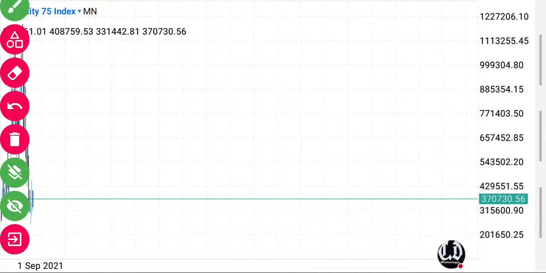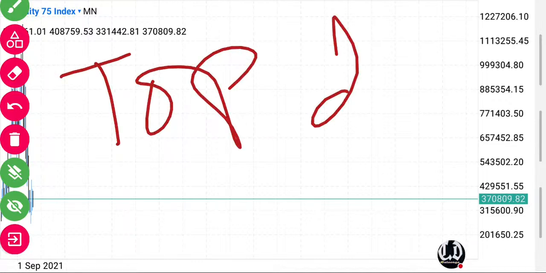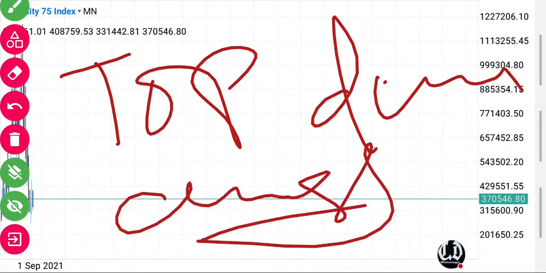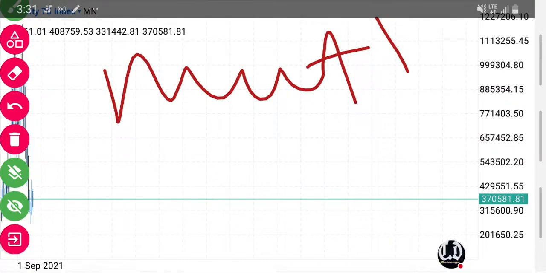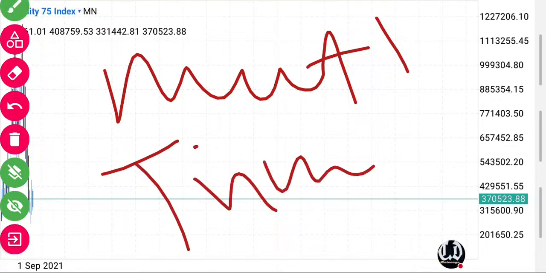Number one, we always start on high time frame. Always start on high time frame. What we call a top-down analysis. Top-down what? Top-down analysis. Are you getting the point, guys? What we call top-down analysis, or multi-time frame trading.